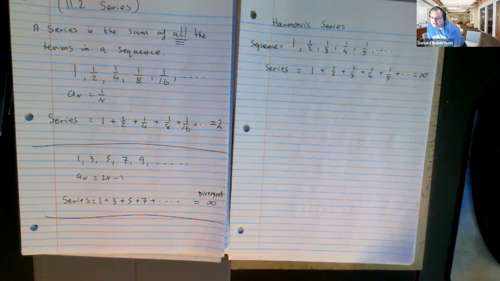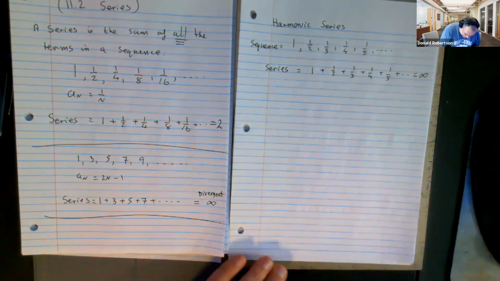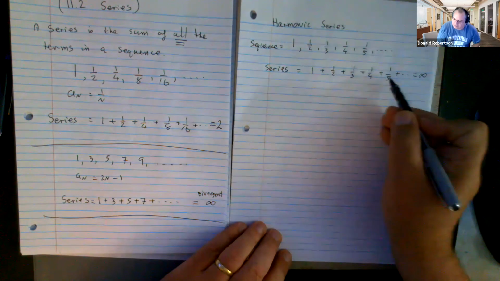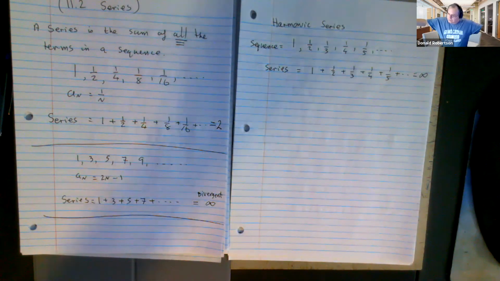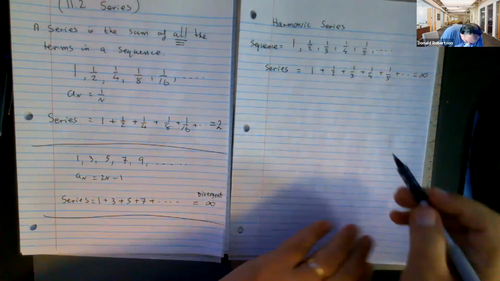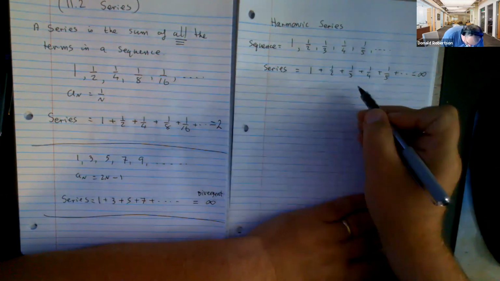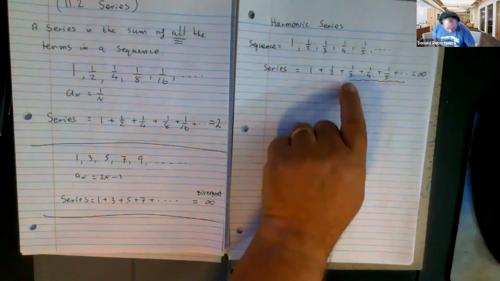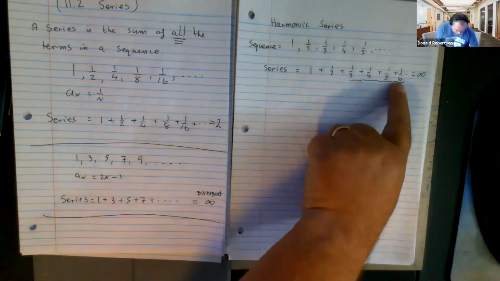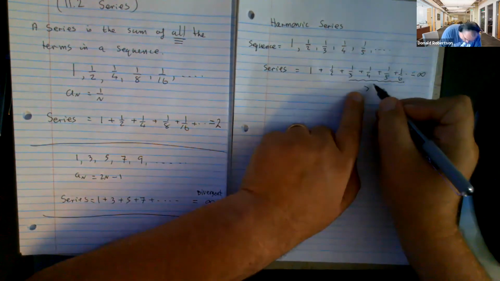So here is my pseudo proof of why this is infinite. Would you agree that this series continues forever? Keeps going forever. If you take the next 4 terms, a third, a quarter, a fifth, a sixth, those 4 guys add up to a fraction that's a little bigger than a half.